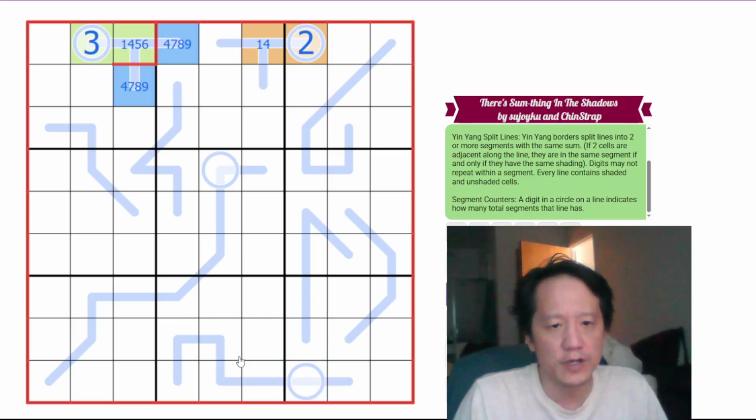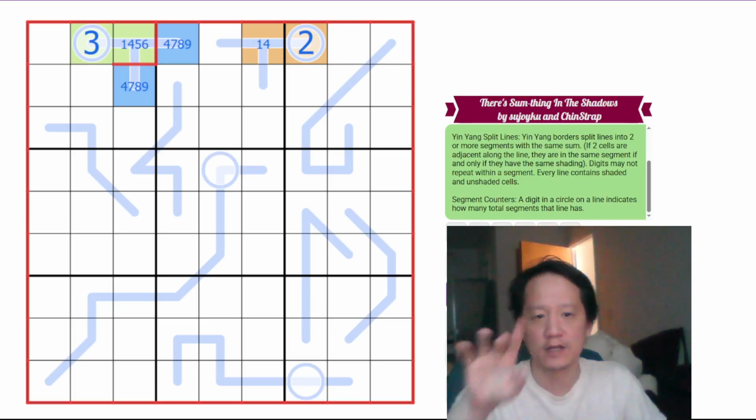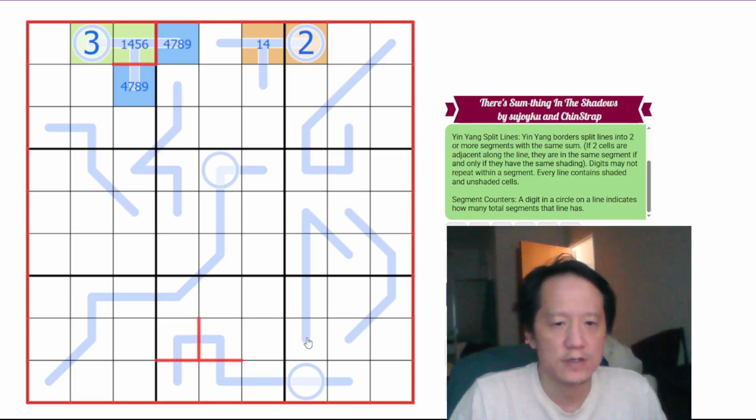If you have 3 and you try to not have a boundary go this way or something like that, the only possibility would be here or here. But either way, you'd have 4 unique digits adding up to 1, which is not possible, because 4 unique digits add up to a minimum of 1, 2, 3, 4, which adds up to 10, which is not a digit. So you can't have obviously this, because then you still have 4 digits adding up.